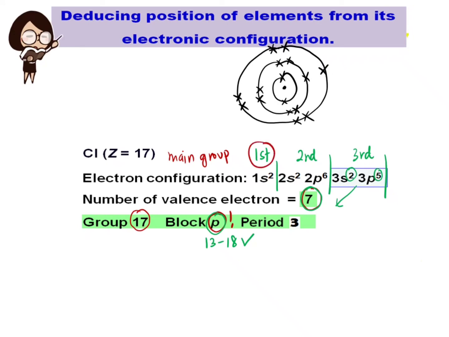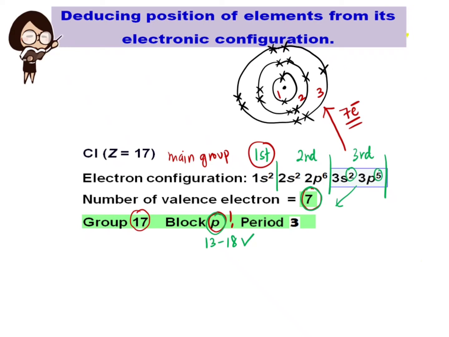First shell yang mana? Ni first shell. Yang ini second shell, ni third shell. Okay, so dekat third shell ni ada 7 elektron. So you boleh nampak dekat third shell tu adalah petala paling luar, di mana dia mengandungi 7 elektron. So that 7 elektron we call as valence electron.